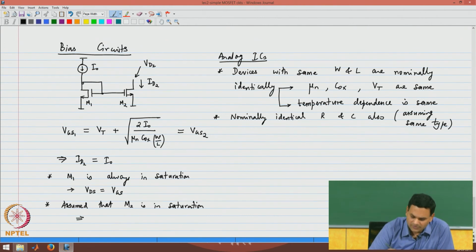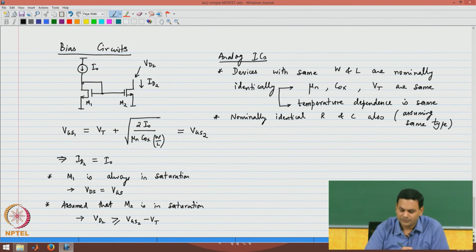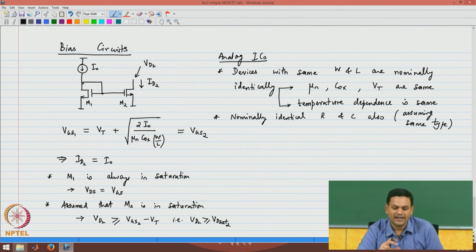So, our assumption is valid only if VD2 is larger than or equal to VGS2 minus VT, which happens to be the VD sat of the transistor. As long as the drain voltage is large enough to keep M2 in saturation, the output current, drain current ID2, will be nominally equal to I naught.